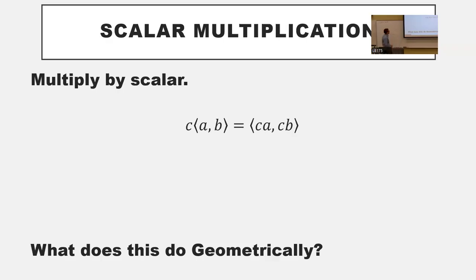And if I multiply, for instance, 2, 3 by the number 3, I should get 6, 9. Oops. Okay.